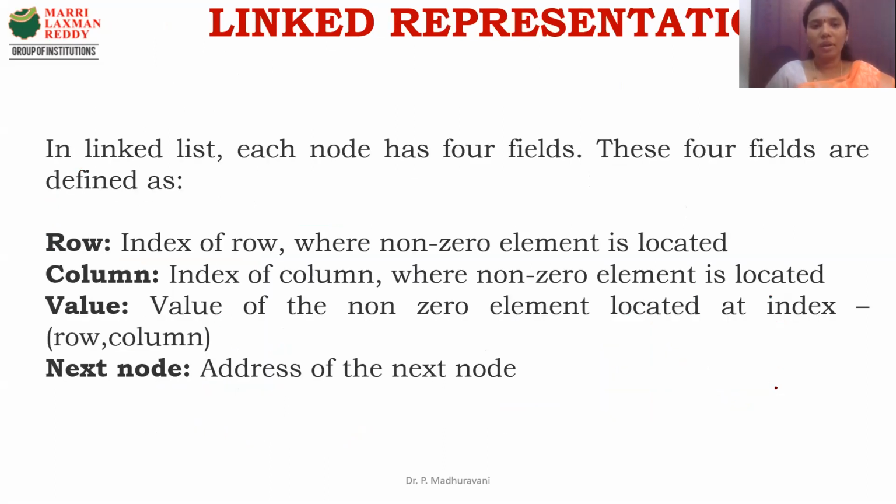Now, coming to the representation of the sparse matrix using the linked list, here we'll take a node with 4 fields, where the first field holds the information about the row, the second field is the column, and the third field is the value, the non-zero element in this sparse matrix, and the next field is the pointer, which holds the address of the next node.